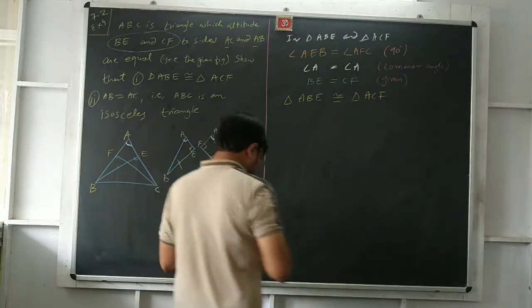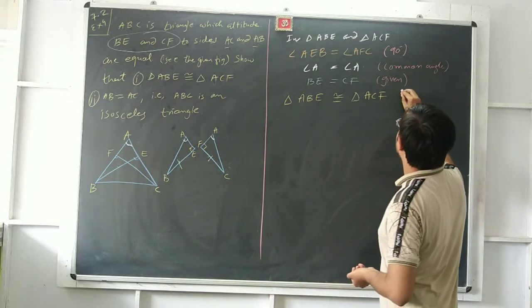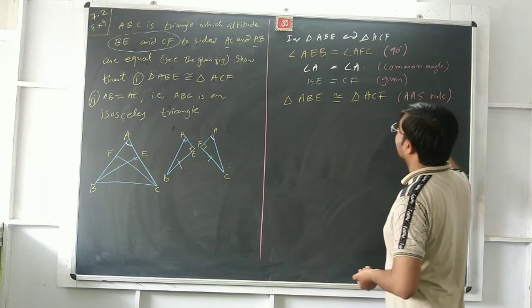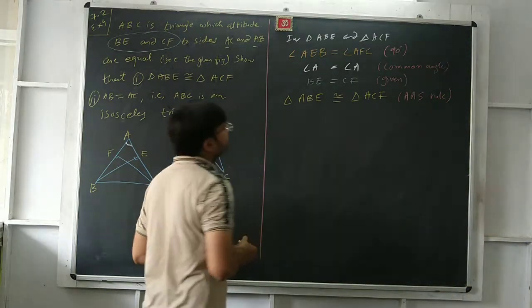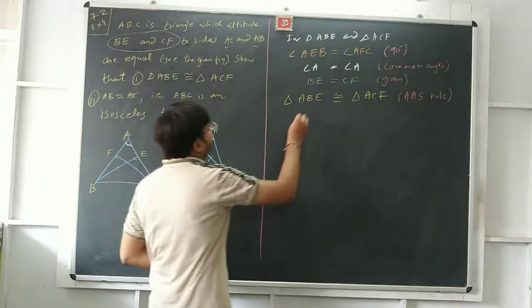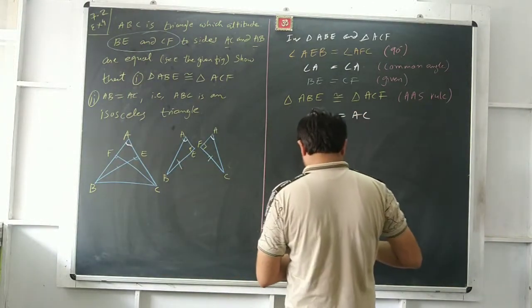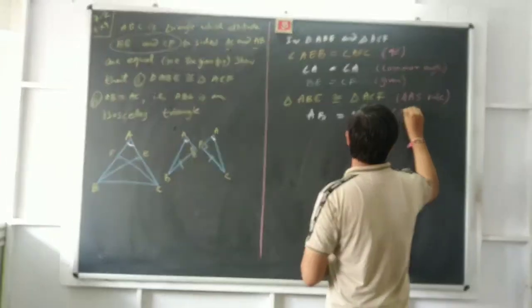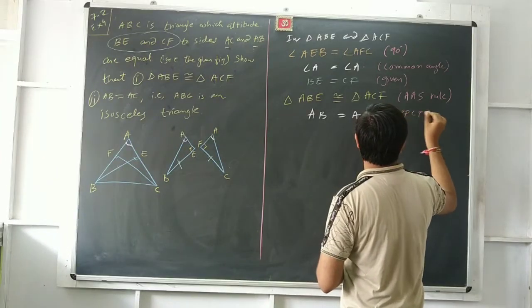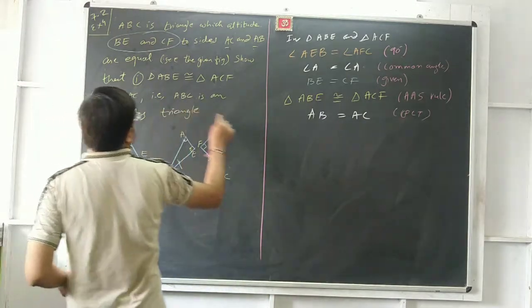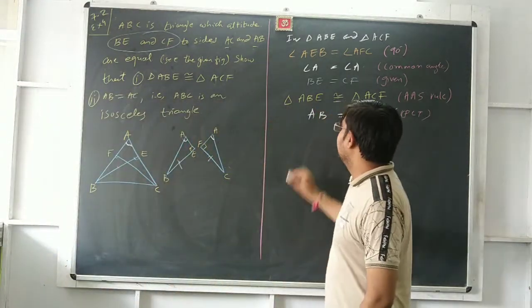So by the angle side rule, I can write that AB is equal to AC by CPCT.